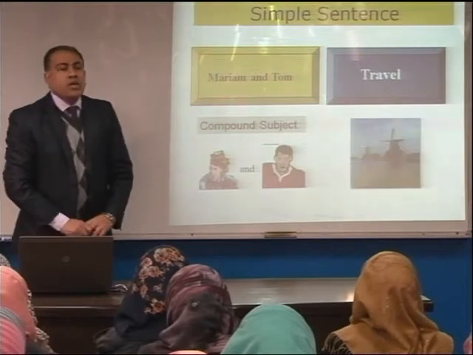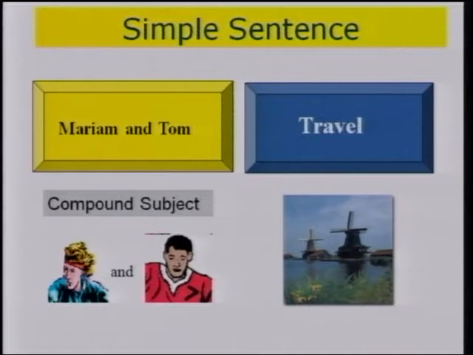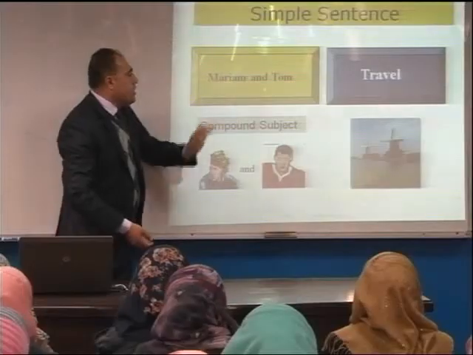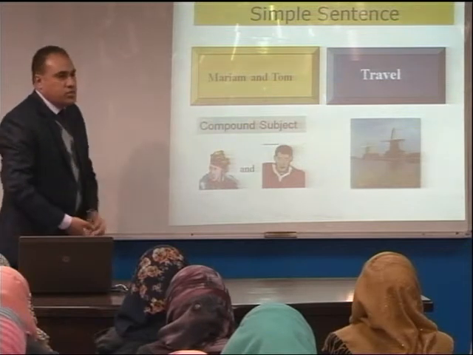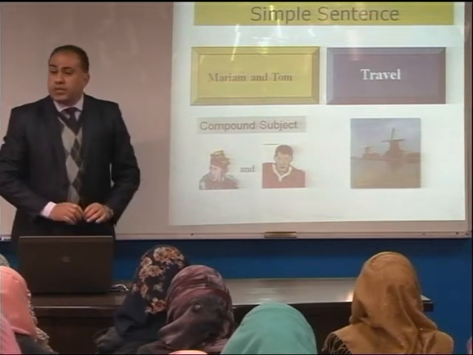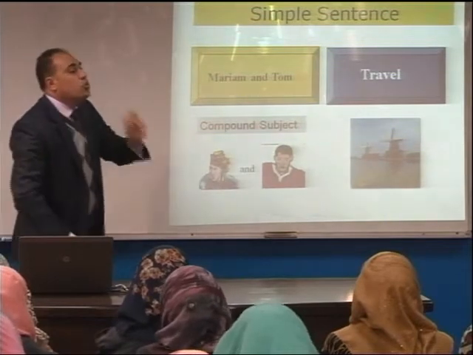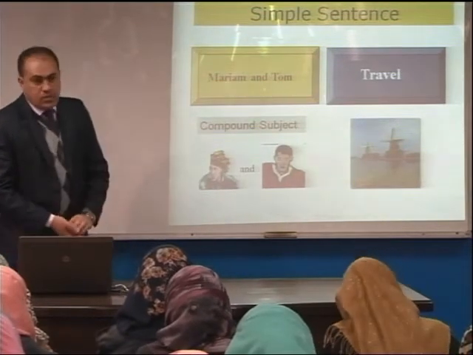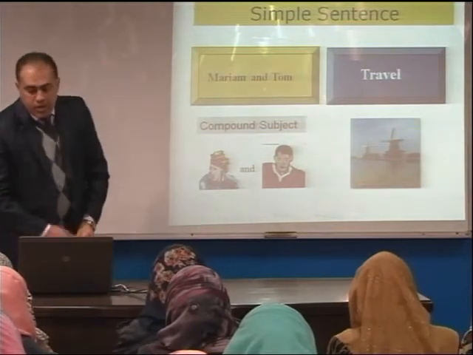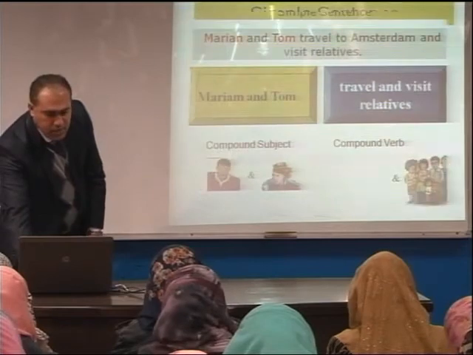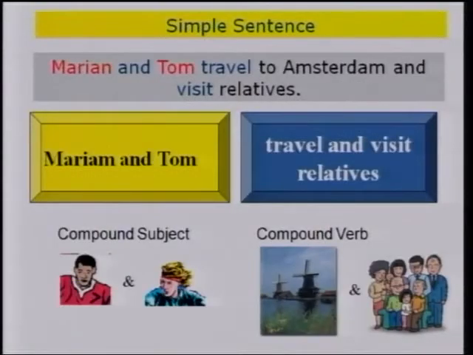Sometimes we can have a compound subject. For example, Maryam and Tom travel to Amsterdam every year. So here it is still a simple sentence, but it has not one subject, but more than one subject. So we call it a compound subject plus a verb. Another one is a compound subject and a compound verb.